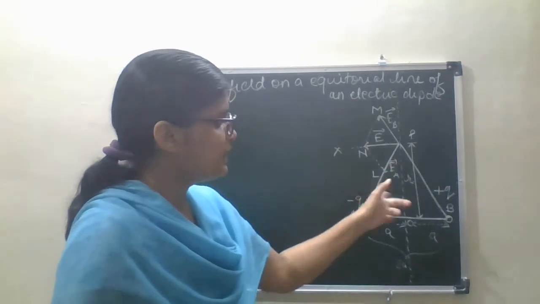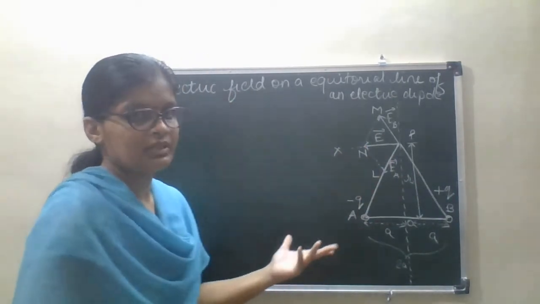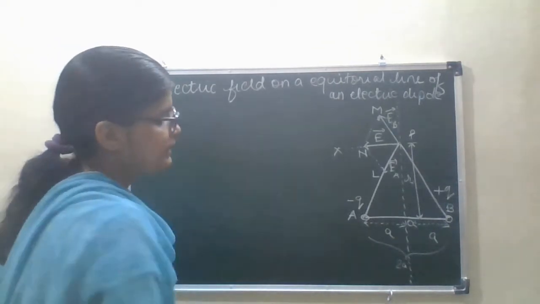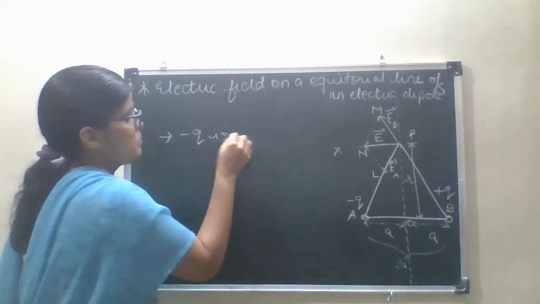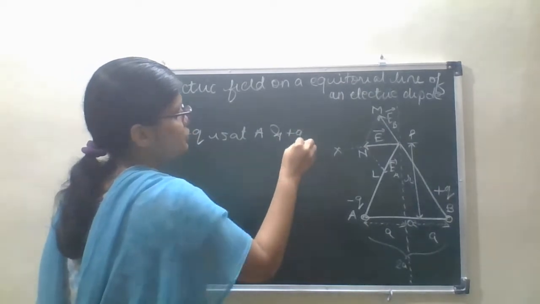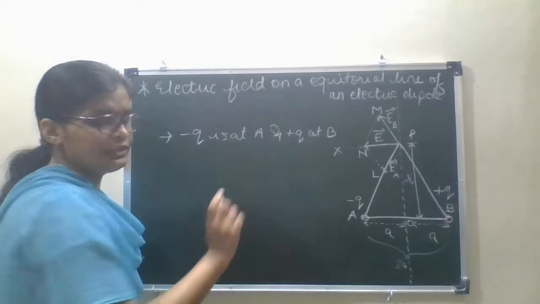While explaining the diagram or the figure, what are the points which we must keep in our mind? First point: minus q charge is at A and plus q is at B. Okay, this is your dipole.